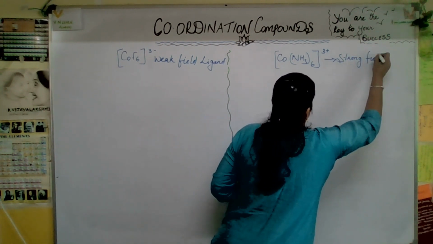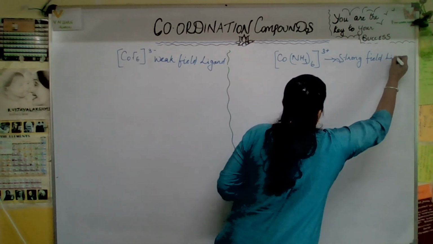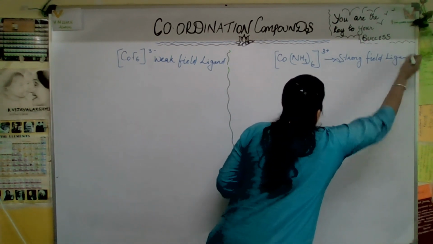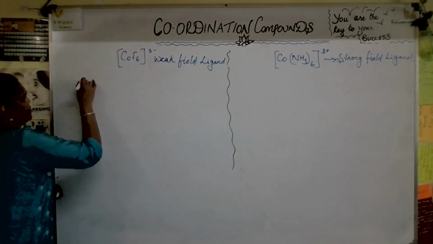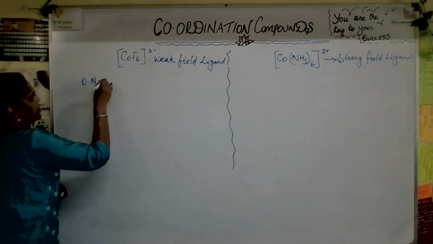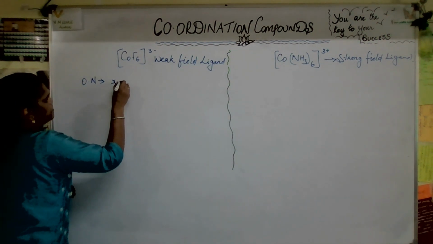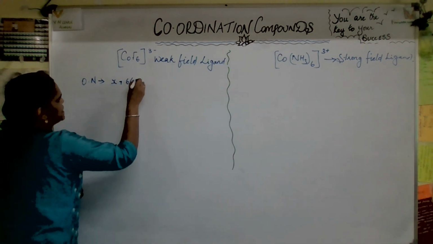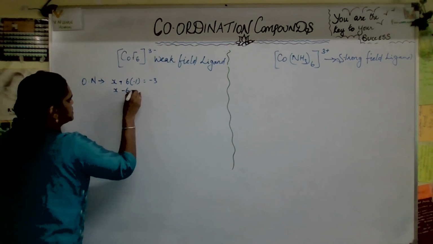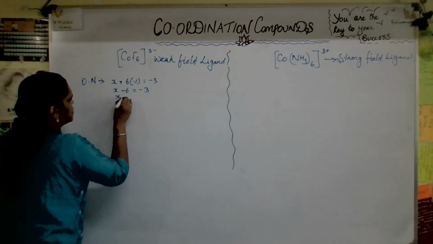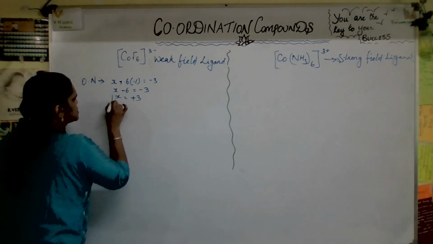Now for the oxidation number of the central metal ion: x plus 6 into minus 1 equals minus 3. So x minus 6 equals minus 3, so x equals plus 3 oxidation.